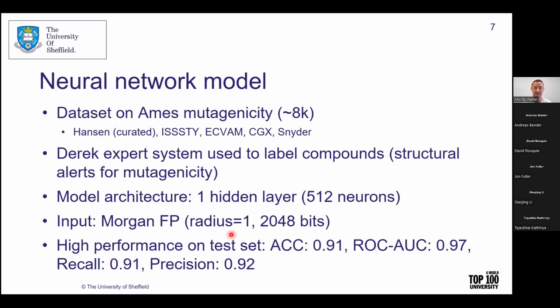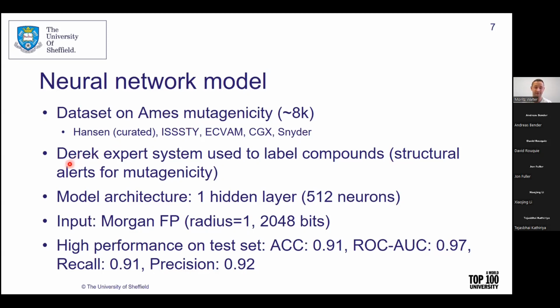Okay, so what's the model we're actually analyzing, and what data are we using for this? We've assembled a data set on Ames mutagenicity of around 8,000 compounds. For this we combined several publicly available data sources. But we did not use the experimental Ames mutagenicity to label the data.